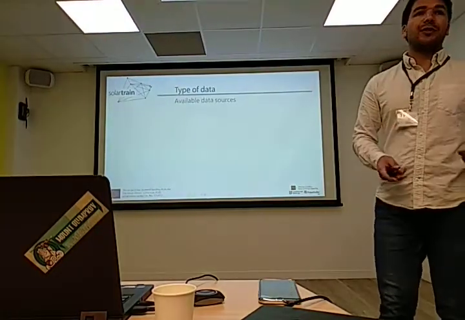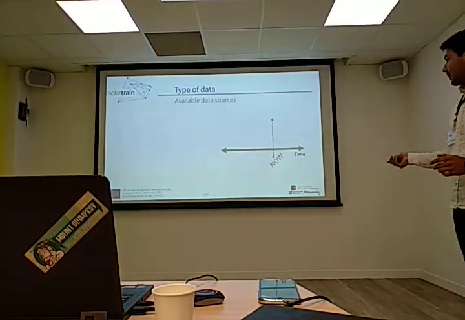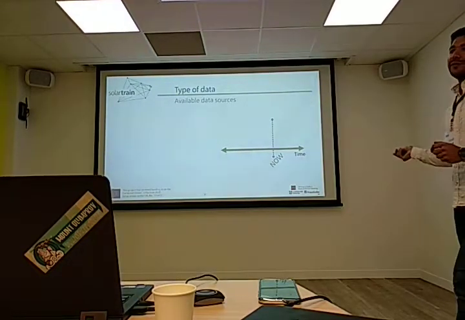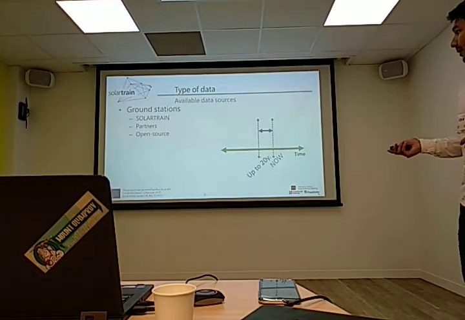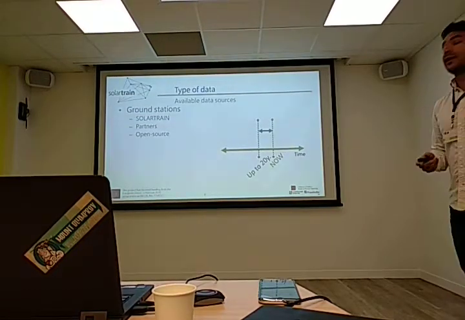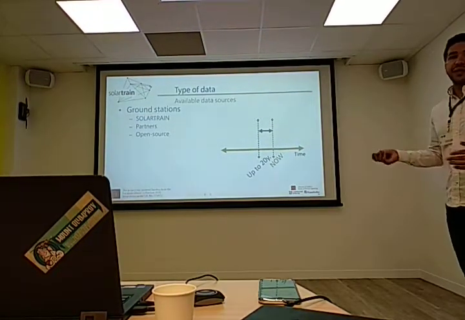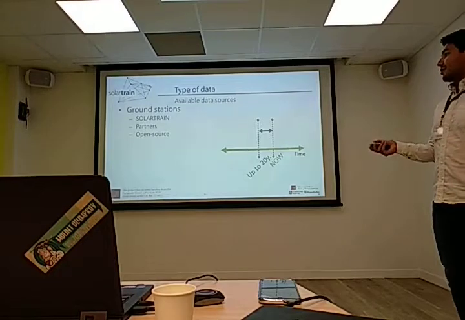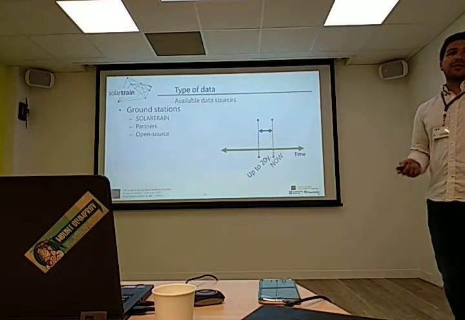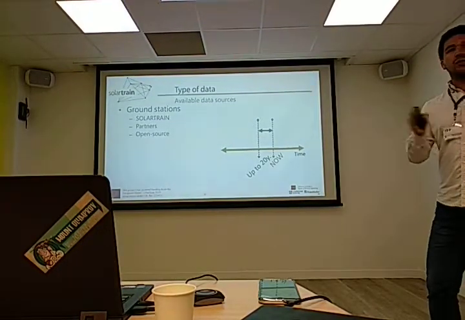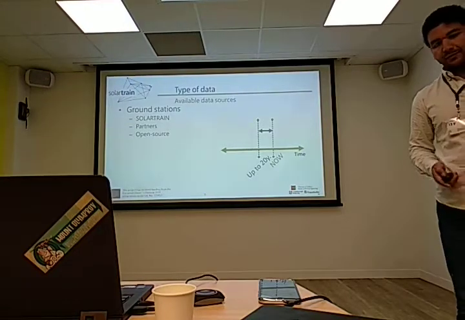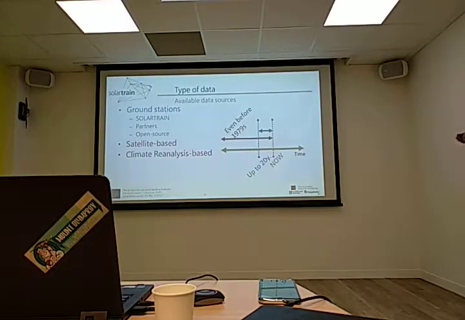But if we go to numbers, here we are now, the timeline. We can find some data available online already. We have some sites from SolarTRAIN, also the partners or open source databases, to cover up to 20 years from the past, more or less, at some specific locations, the ground stations.